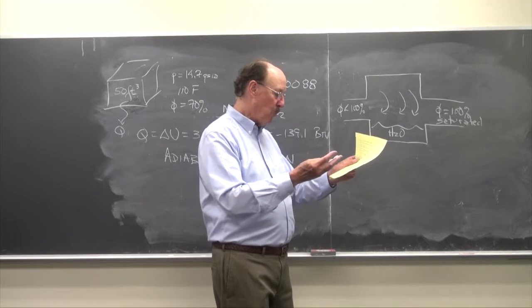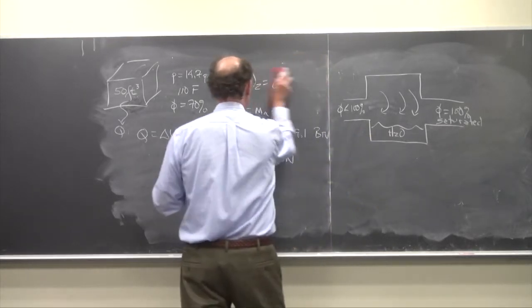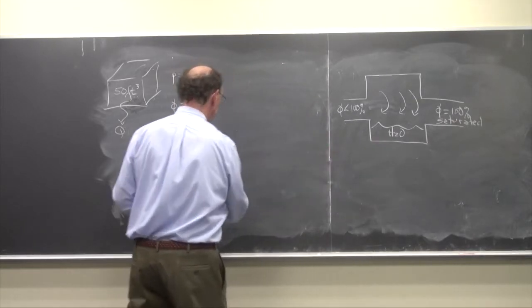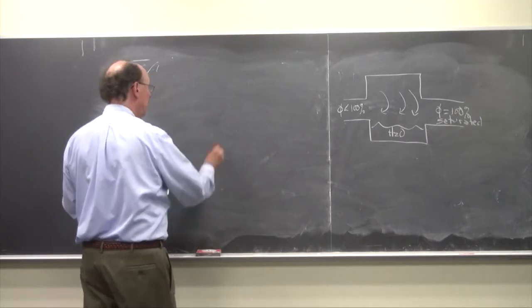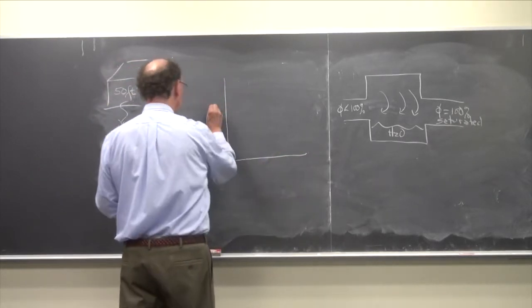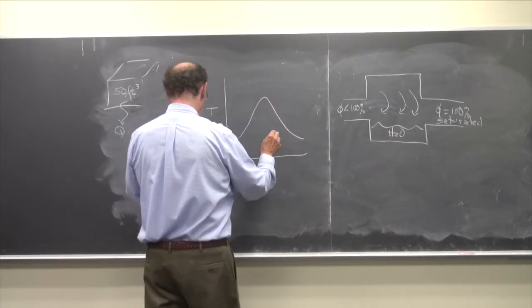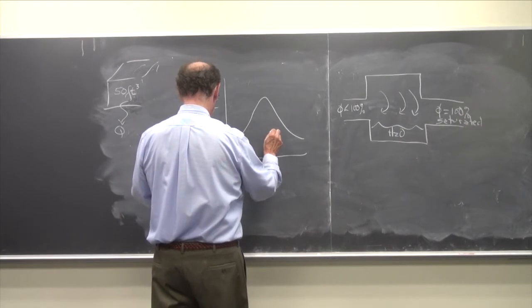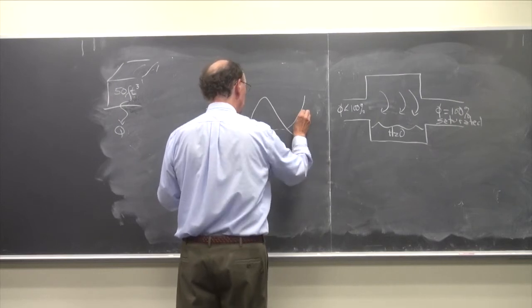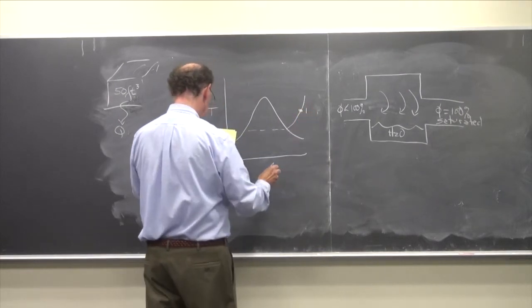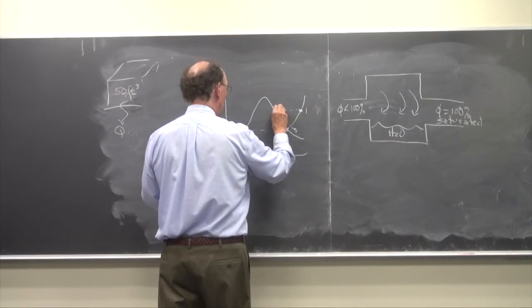Let's look at this on a TS diagram. State 1, state 3, this is our PG.